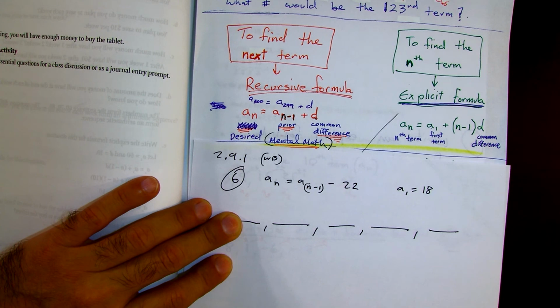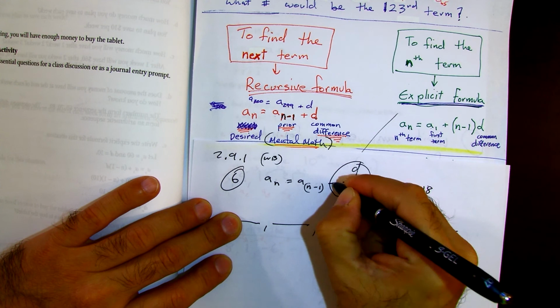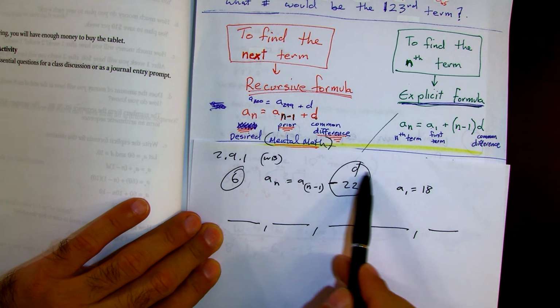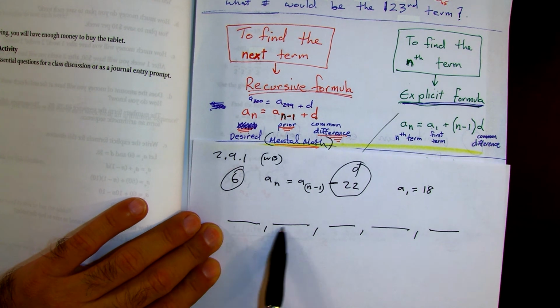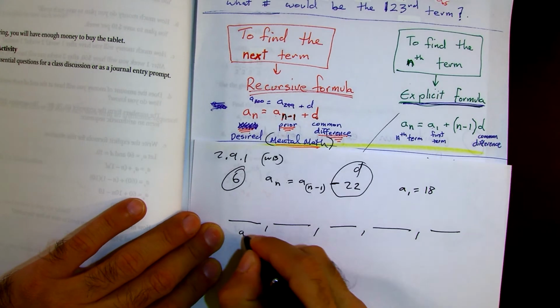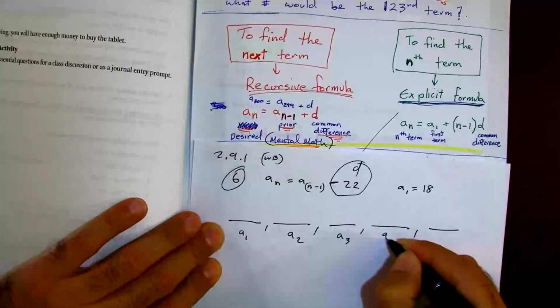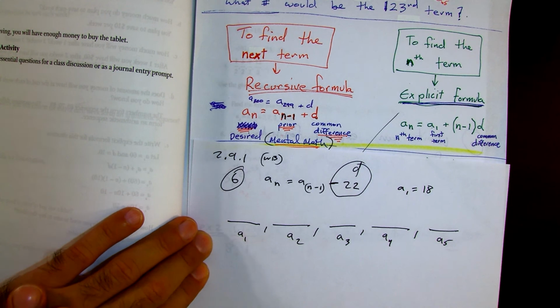I'll do 4 after. So look, we have our common difference of negative 22. Sometimes we have to look at the formula they give us, take a breath, and see that we're trying to find the first 4 or 5 terms. You slowly look at what they give you and see if there's any information that would help us get from term to term.